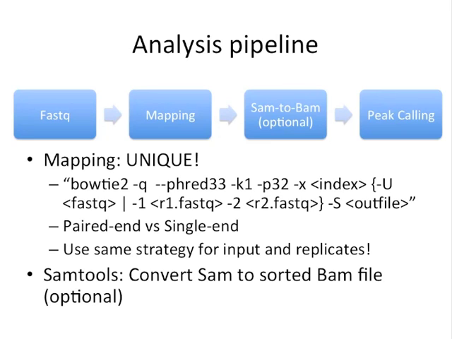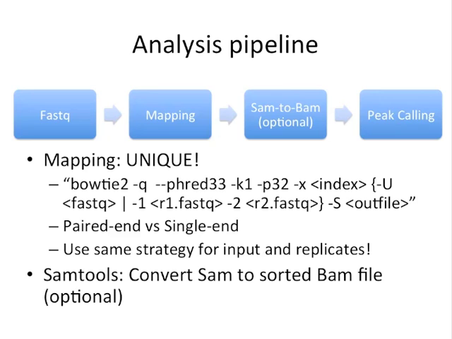So like I mentioned before, be sure you're using the correct method for the data that you have, whether it's paired end or single end. The data we're going to be looking at today and examples in class are all going to be single end. And be sure to use the same exact strategy for your inputs as well as your replicates. That way you can compare them when you do the peak calling.